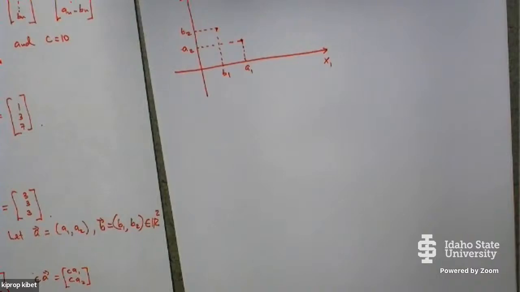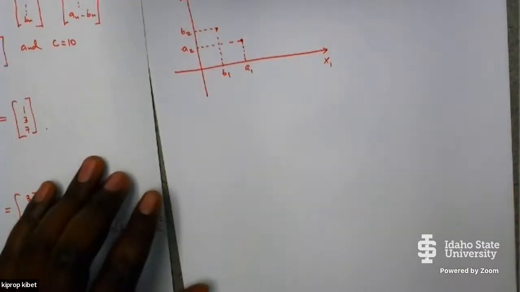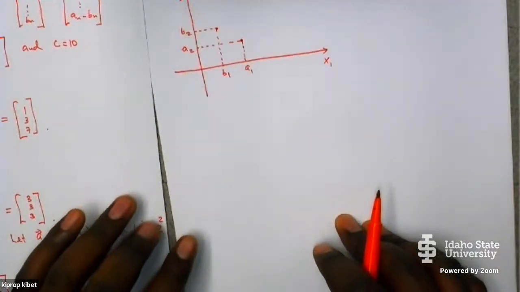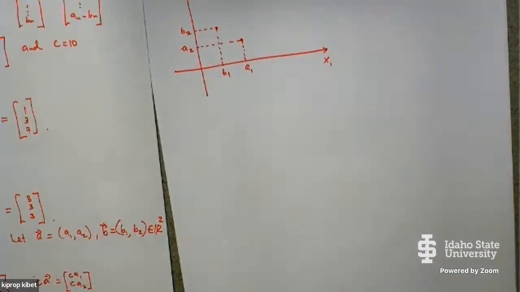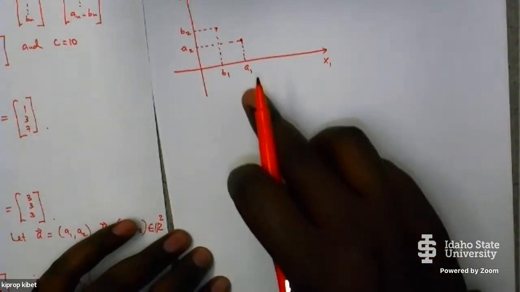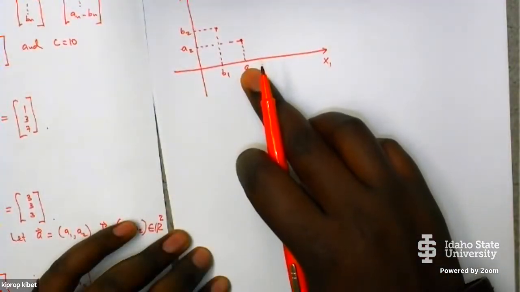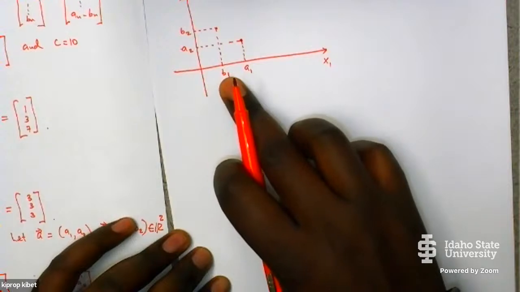So if we add the two vectors, A1 and A2, then we add A1 plus B1.